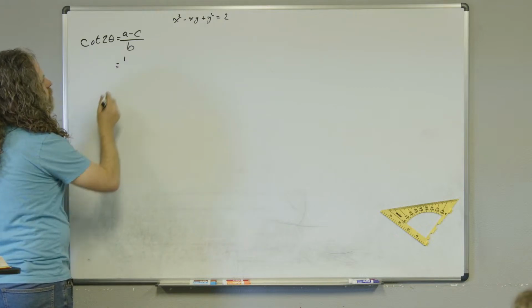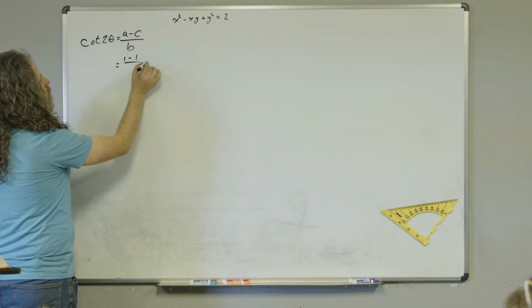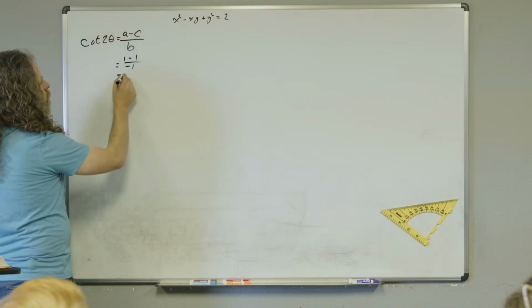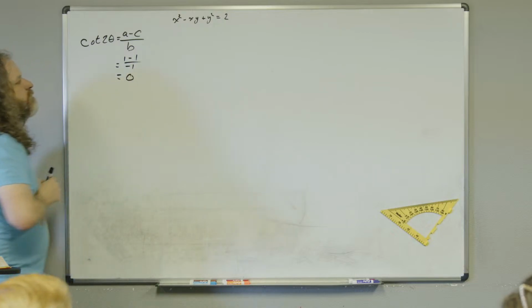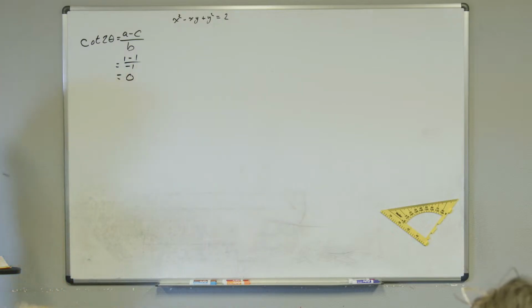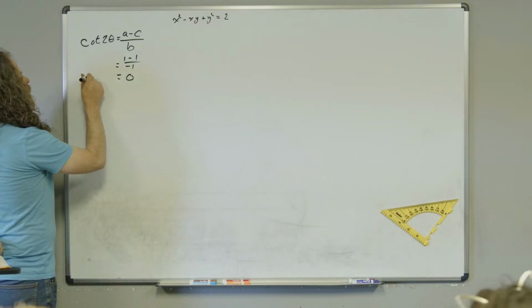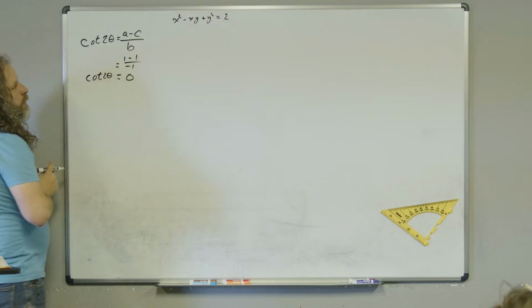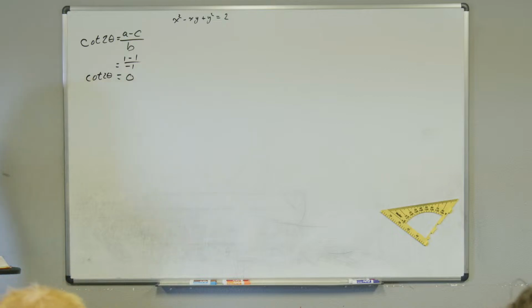What's C? 1. What's B? -1. Angle 0? Yes, because the top equals 0. The cotangent of 2 theta equals 0. And then we do the half angle identity.